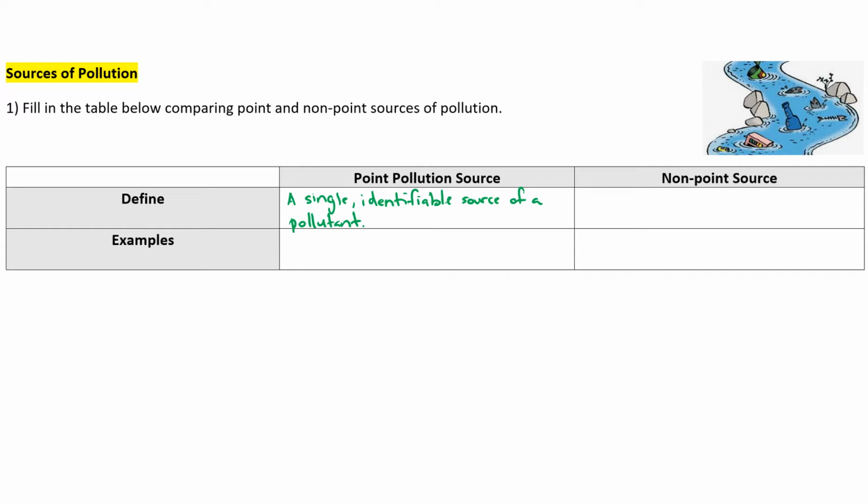Non-point source would be a source that is diffused and can therefore be difficult to identify.